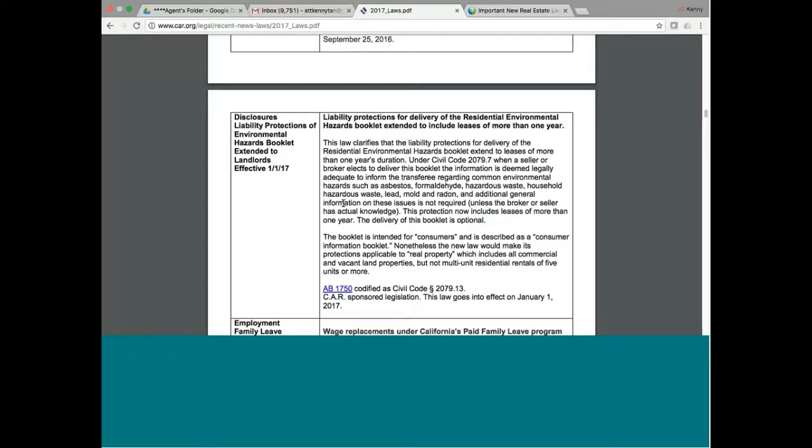For a 5-unit apartment complex, is the seller required to provide a transfer disclosure statement? No. Transfer disclosure statement is only required if it's 1 to 4 dwelling units. Remember that, right?